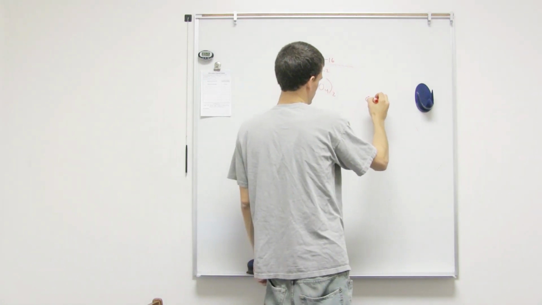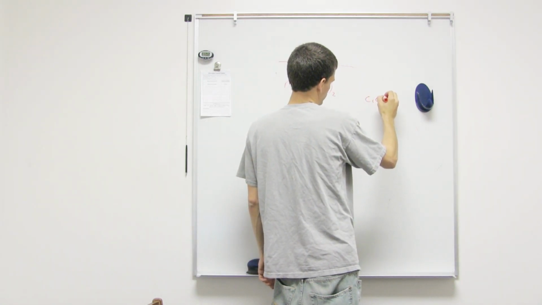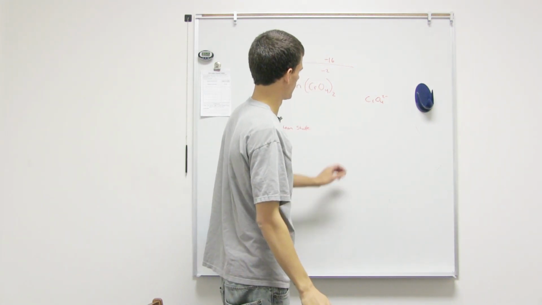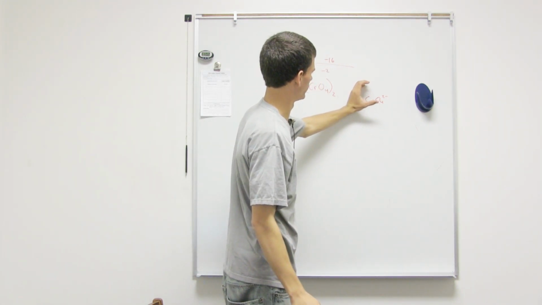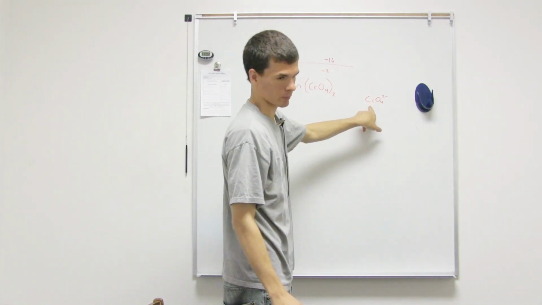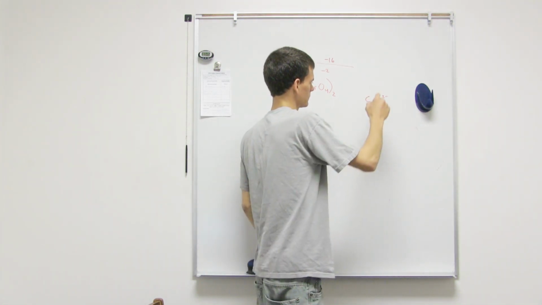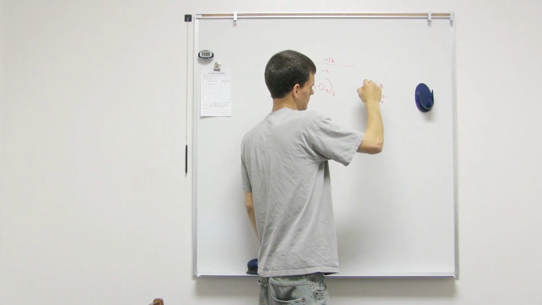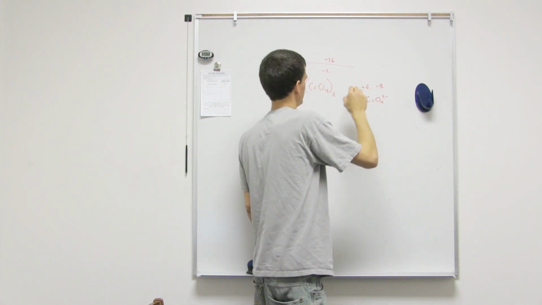So CrO4 2-. But there's 2 of them, right? Yeah, but let's just look at one, just to see what the charge on chromium is going to be. There's going to be -8, so chromium must be +6.